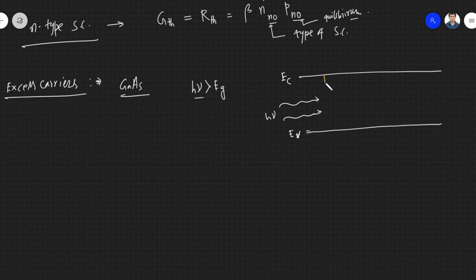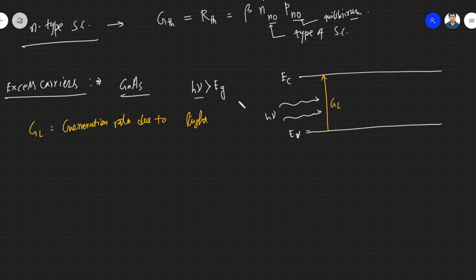Because of this light, let's call it G_L, the generation rate due to light. This G_L depends on the light intensity.